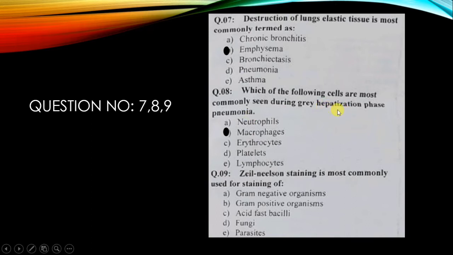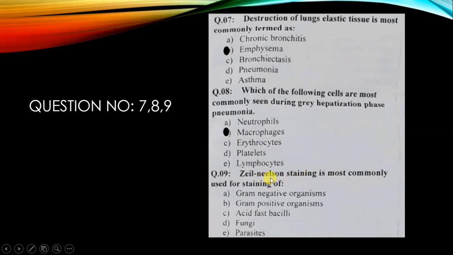The phases of pneumonia include, first, congestion, then red hepatization, then gray hepatization, then resolution. So the fourth phase of pneumonia is resolution. In red hepatization there are erythrocytes, while in gray hepatization the erythrocytes are destroyed, therefore giving a gray-like appearance, and macrophages are the most abundant cells.